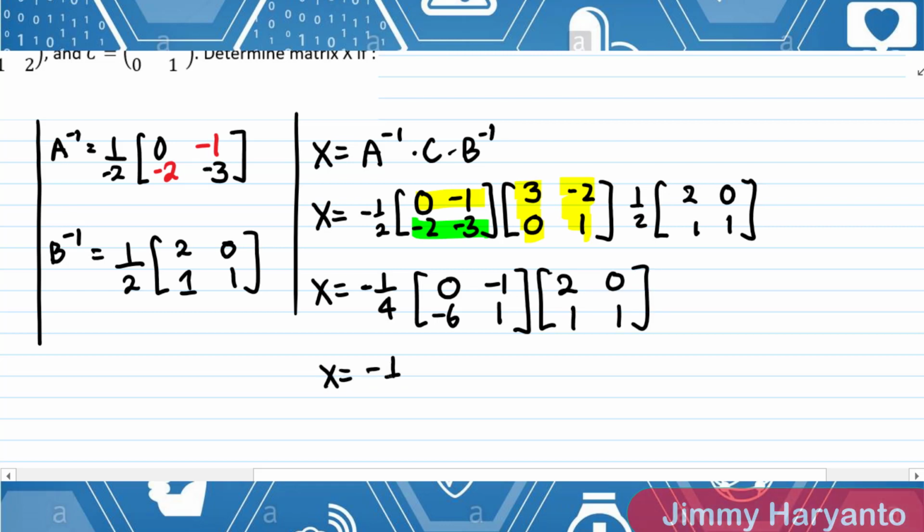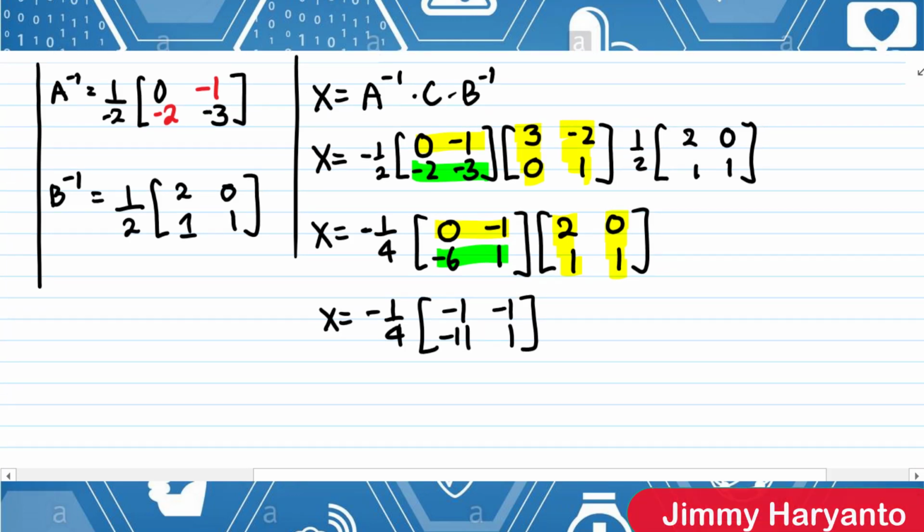X equals negative 1 over 4 times this one times this, equals 0 and negative 1. And then for this one, it's 0 and negative 1. And the next is this times 2, negative 12 and negative 11. And the last one is 1. There you go. So this is the value of matrix X.